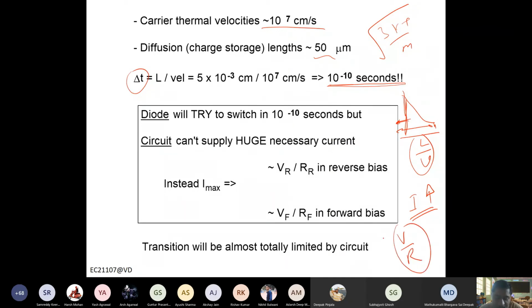That is the maximum current that can flow through the circuit. So this extraction of charge is actually limited by the circuit current. So that factor will appear when you calculate the reverse recovery time.